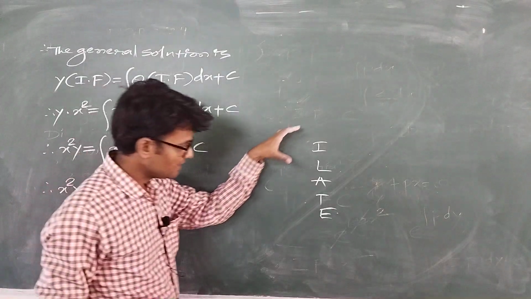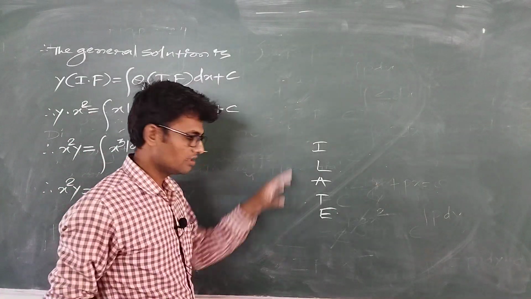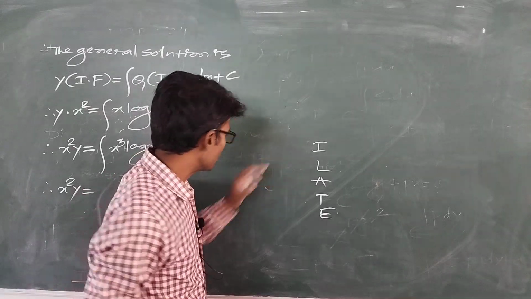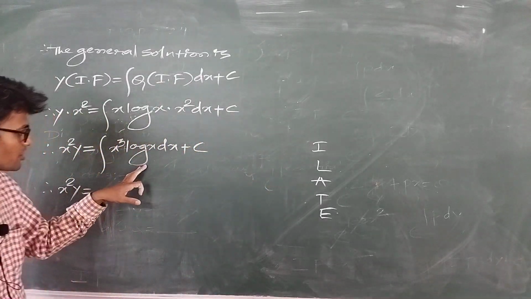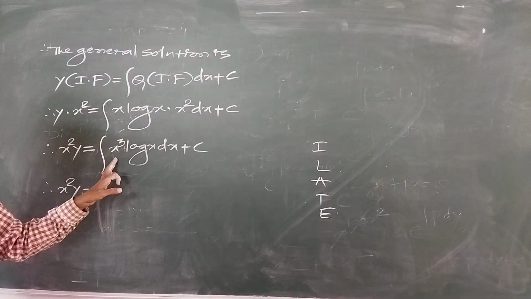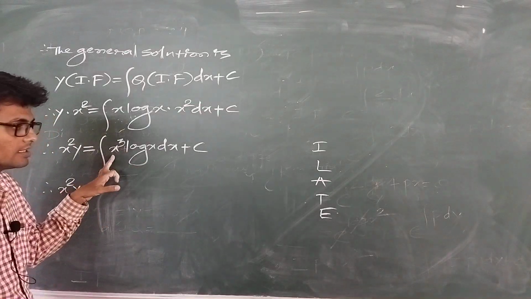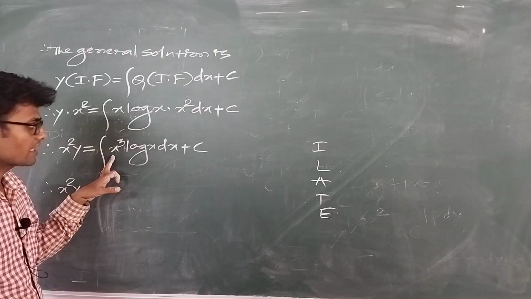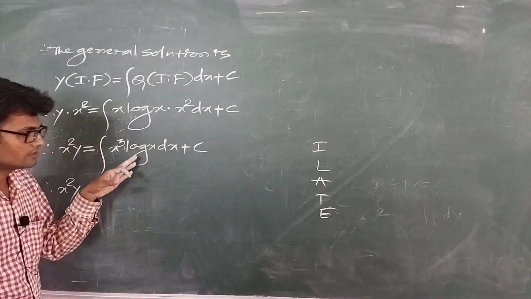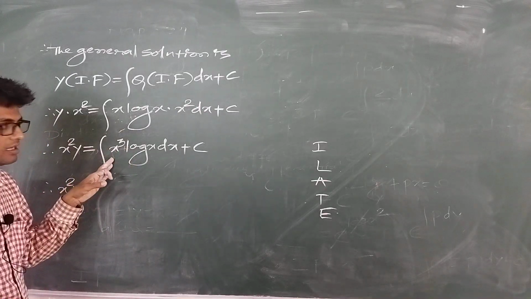In ILATE, logarithmic comes first and after that algebraic. So you consider log x as the first term and x cube as the second term, because it is the product of logarithmic and algebraic.